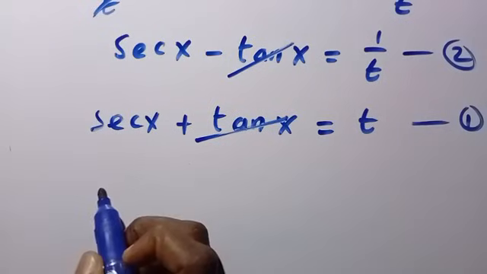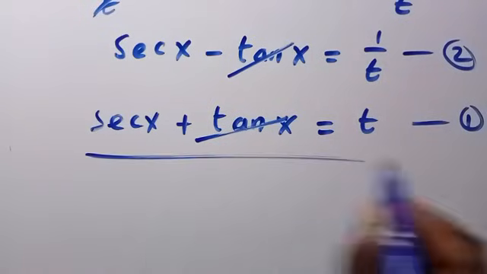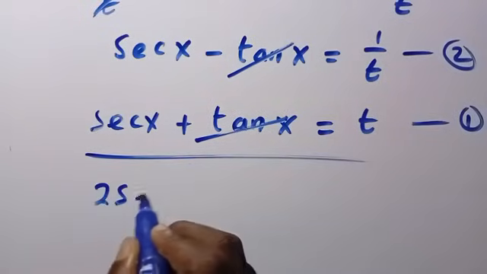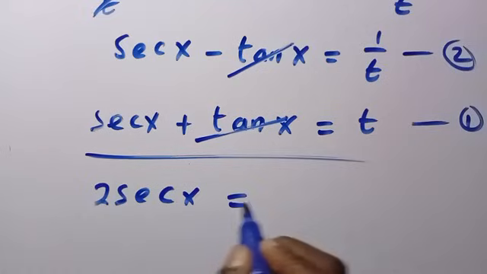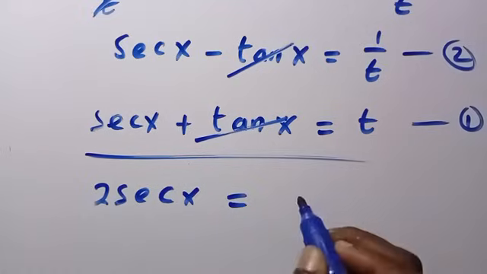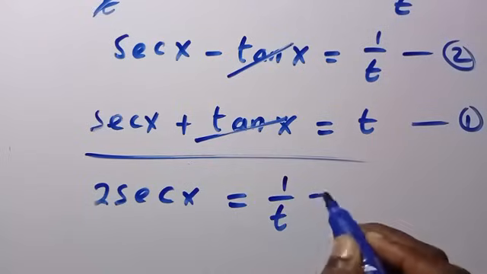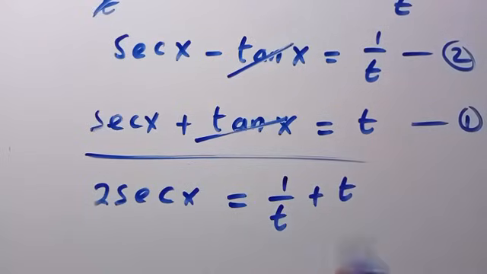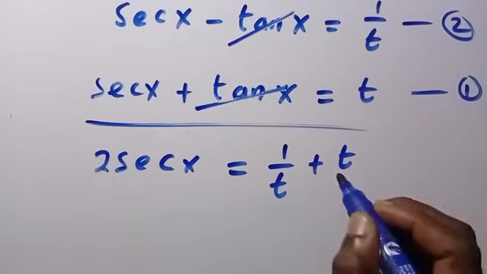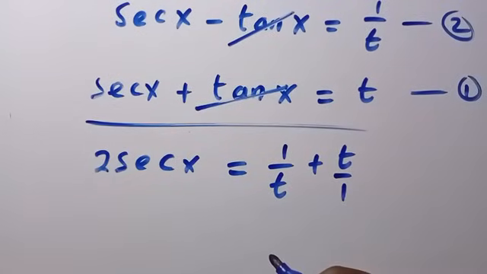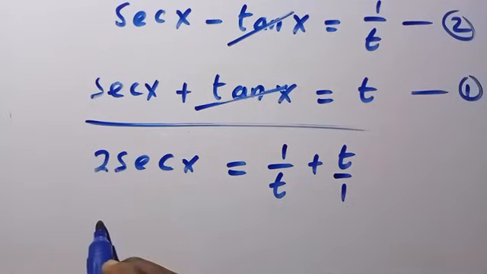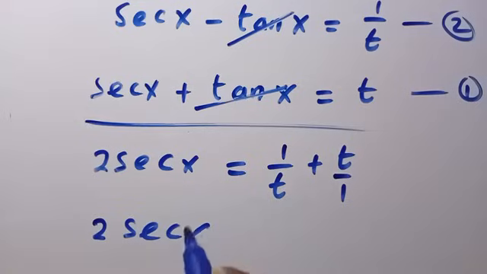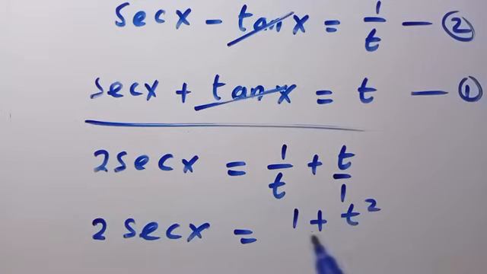So sec x plus sec x gives us 2 sec x equals 1 over t plus t. When we find the LCM, we have 2 sec x equals 1 plus t squared divided by t.